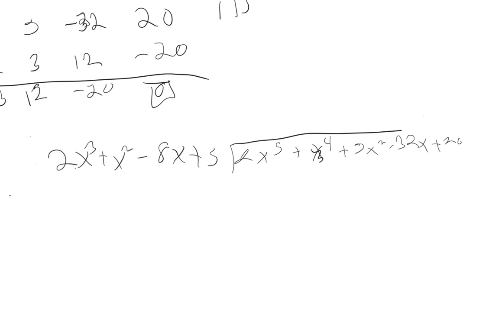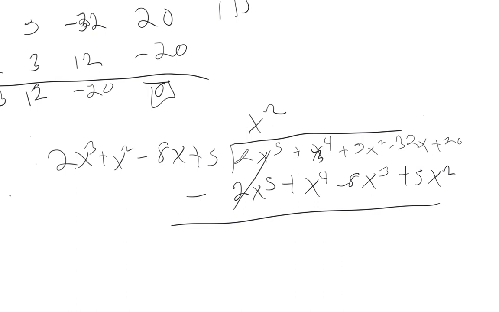Okay, so it should be x squared, because we want to cancel 2x cubed and 2x to the 5th. This is 2x to the 5th plus x to the 4th minus 8x cubed plus 5x squared. These cancel, these cancel.